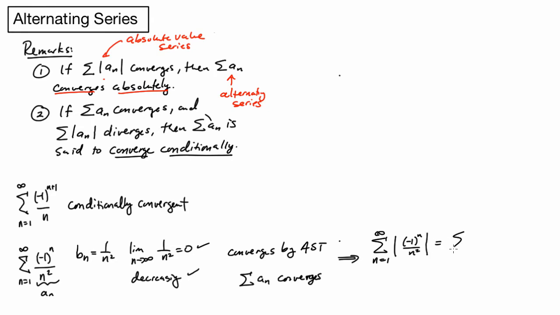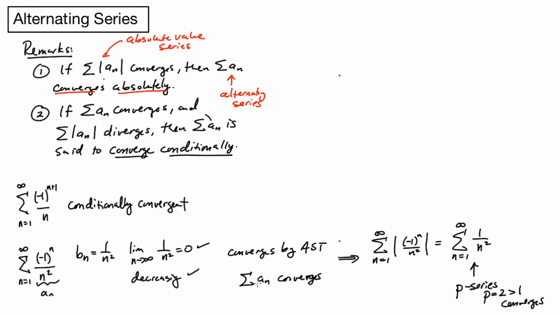This is the same as the series n goes from 1 to infinity of 1 over n squared. We know that this is a p series with p equal to 2, which is greater than 1, which means this series converges.